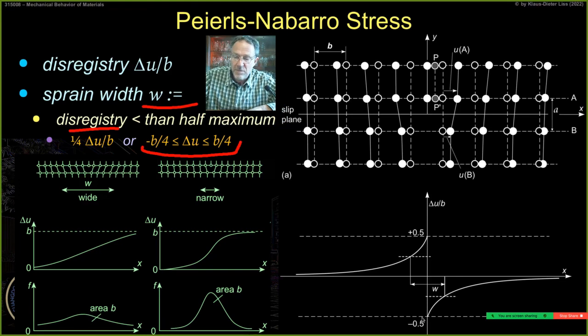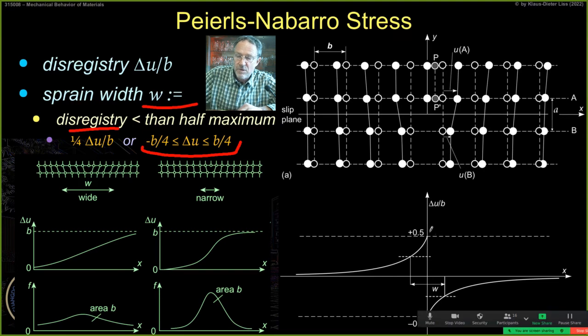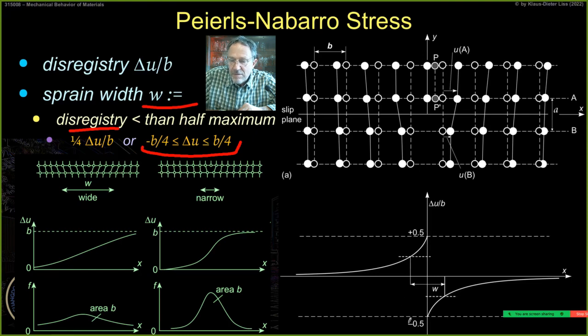The full displacement would be 1 Burgers vector, which we put from minus 0.5 to plus 0.5, and the half value of this is from minus half of 0.5 to half of 0.5. So this gives the values minus b over 4 to plus b over 4.